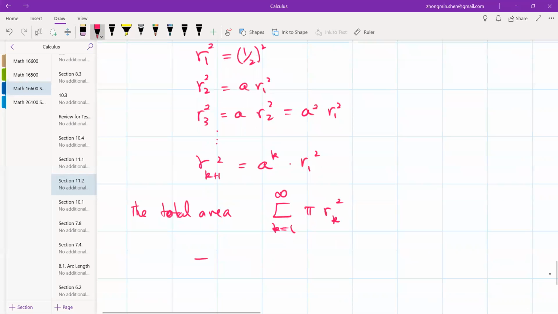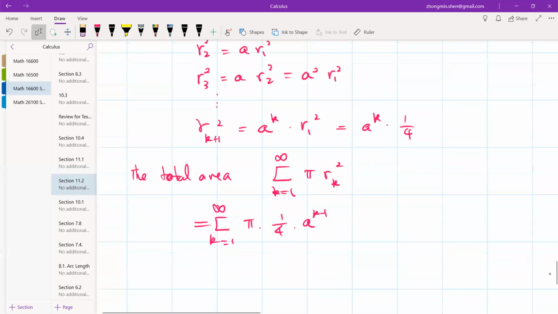Because R1 square is just 1/4, I'm going to put here a quarter, and since R_K square is actually A to the K minus 1. And here A is going to be square root of 2 minus 1 squared, over square root of 2 plus 1, which is less than 1. It's a very strange number.